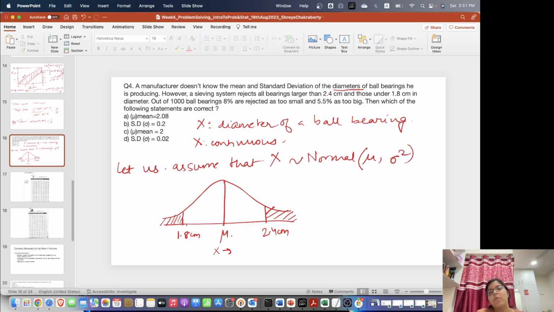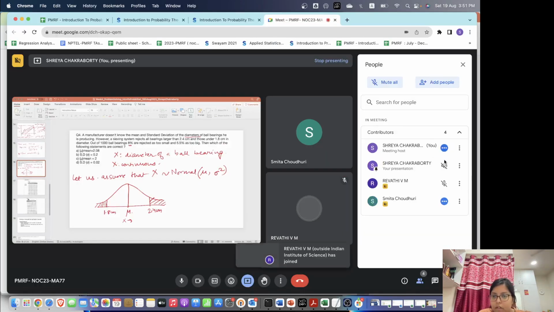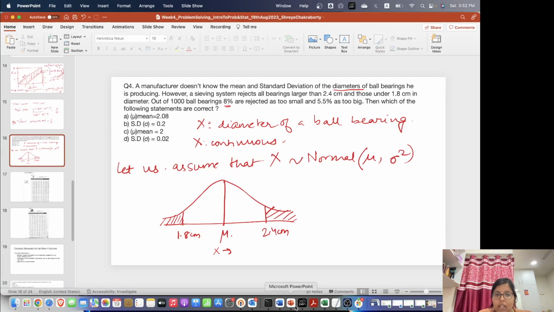Fine. Now what are the probabilities of rejection? Here they are saying out of 1000 ball bearings, 8% are rejected. Since the numbers are given in percentage, this absolute value doesn't make much sense. Had the percentage values not been given, we would have had to calculate 8 out of 1000. But 8% of 1000 means 80 out of 1000, which means 8 out of 100, 8% only.